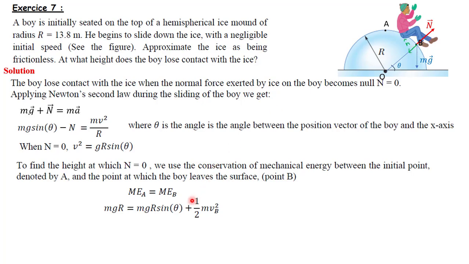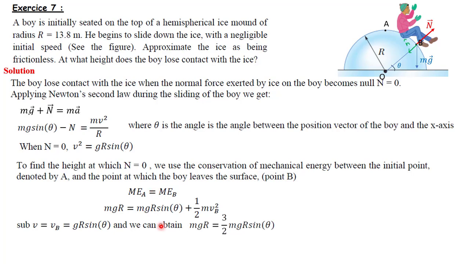The kinetic energy is half m VB squared, and the potential energy is equal to m g HB, where HB is equal to R sine theta.